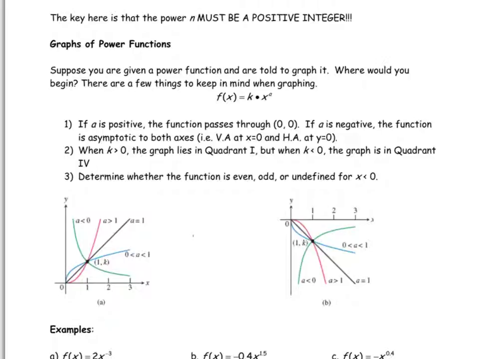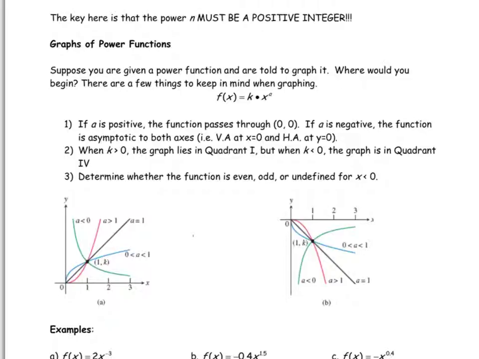Your power function is going to look like the right side of a quadratic or cubic or whatever it is. It looks very similar to quadratic. If your a value is less than 1 but greater than 0, if it's a half, 2/3, 1/5, so if your power or your exponent is a fraction, it's going to look like that of the square root parent function.